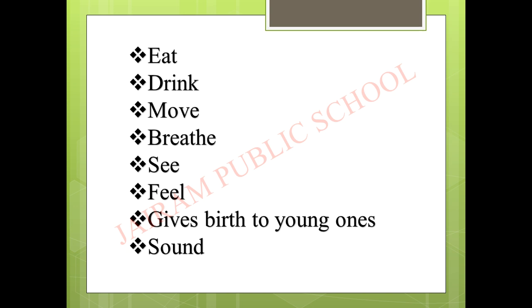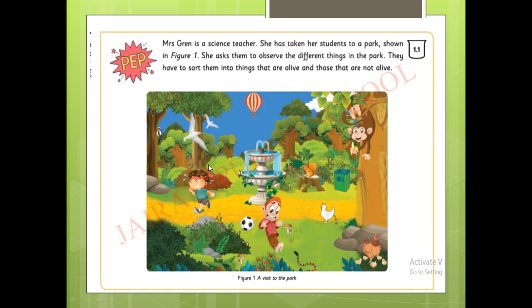Now let us start with the Pep activity. In the first page of your lesson you have a Pep activity. Let us discuss. Mrs. Green is a science teacher. She has taken her students to a park. She asks them to observe different things in the park.